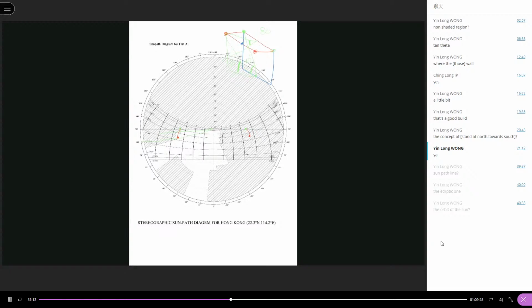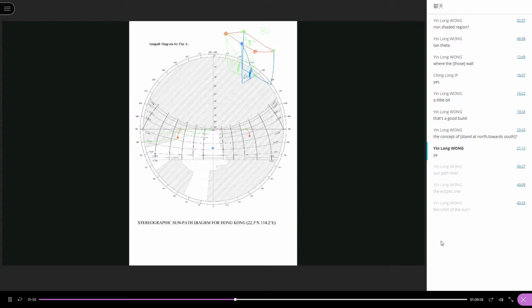For the midpoint, you calculate another altitude angle. Let's say maybe 50. 50 is not reasonable, maybe 60. If this angle is 60 degrees, then it will be here. Midpoint 60. So we draw a line like this.